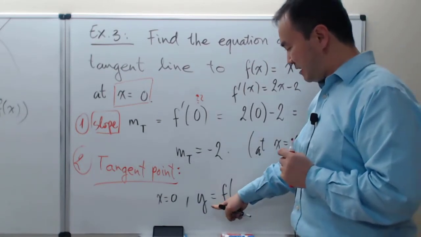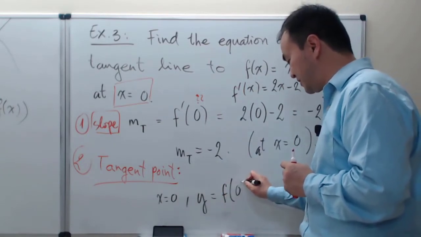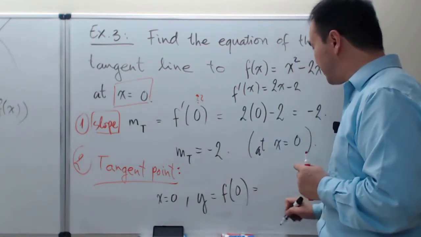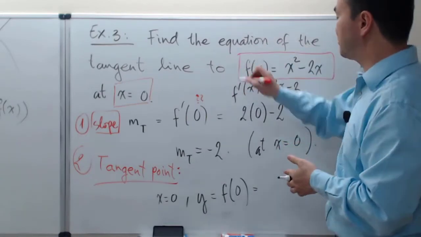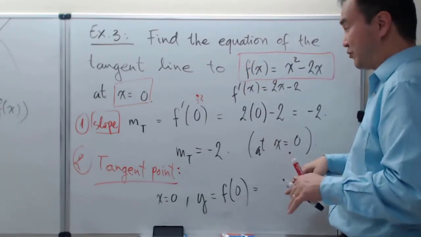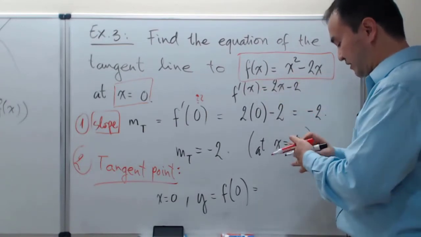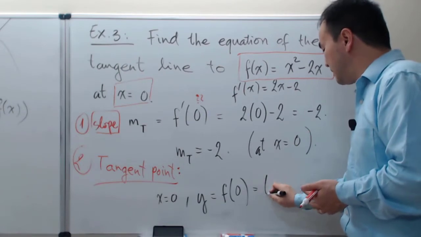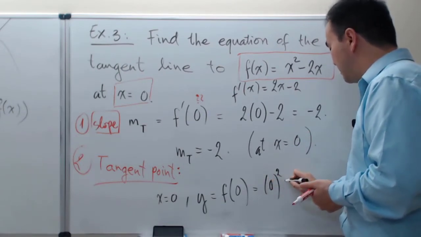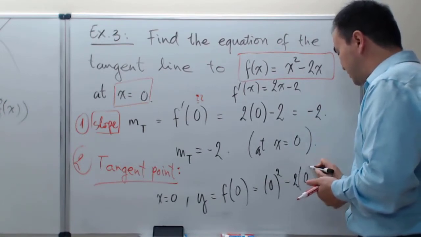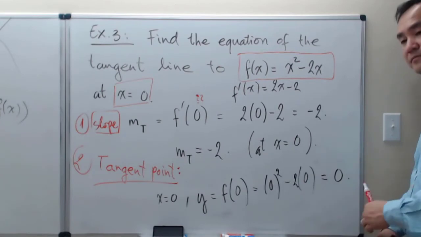So again, substitute x equals 0 into your original function, f of 0. Since I put two functions together, it might be a little dangerous, but for f of 0 you substitute 0 in every x: 0 squared minus 2 times 0, and that gives me 0.